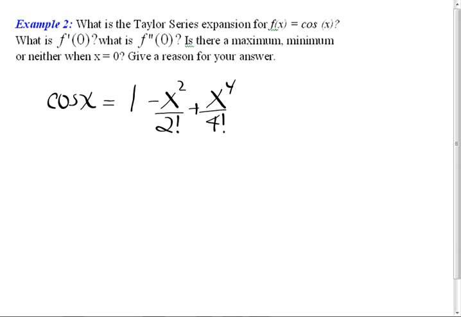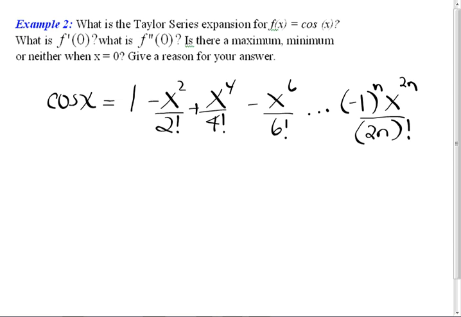At least that's what I do. And this has to be even, so they have to be even numbers. It's just negative 1 to the n, x to the 2n over 2n factorial.